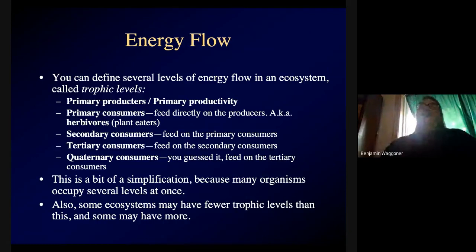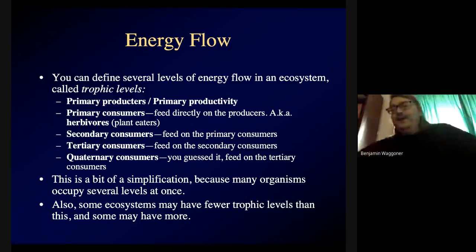And then we could keep going. The quaternary consumers would be what we call anything that ate the tertiary consumers. So if the red-shouldered hawks actually swooped down and ate one of my cats, they would be quaternary consumers.